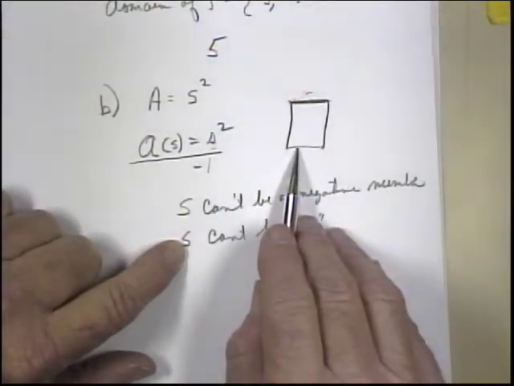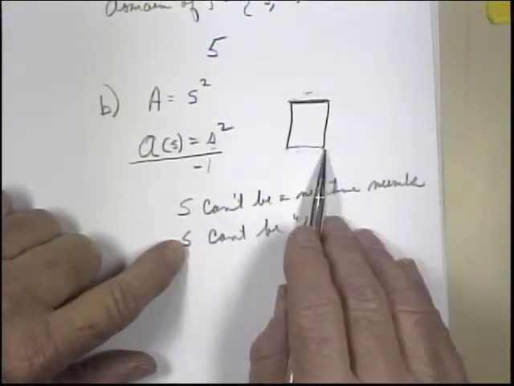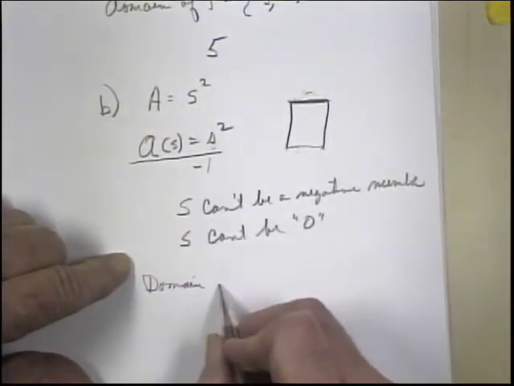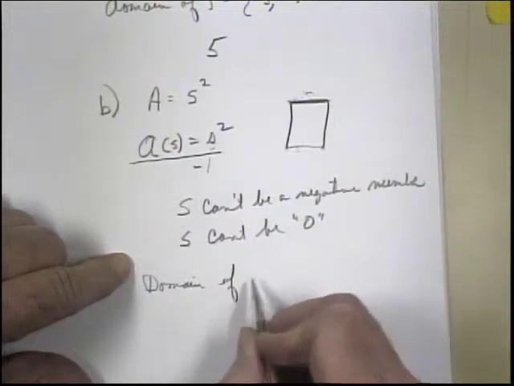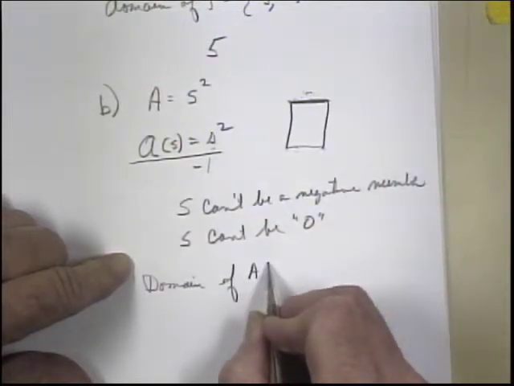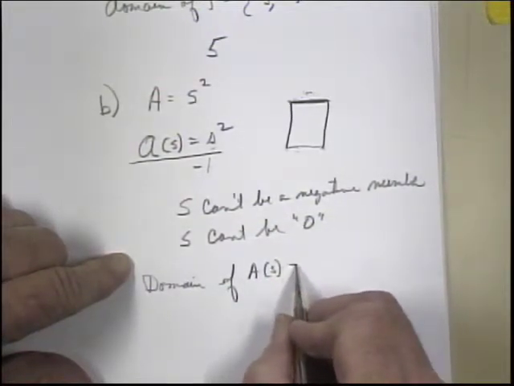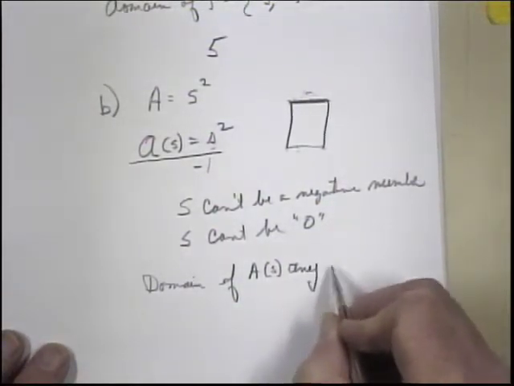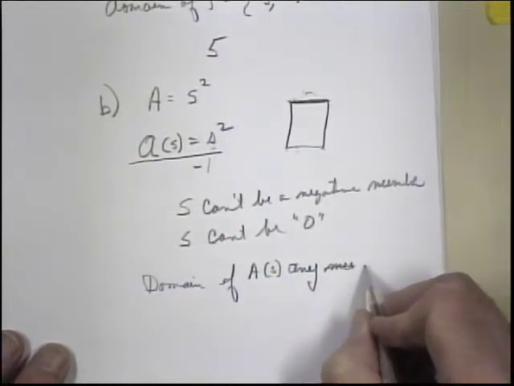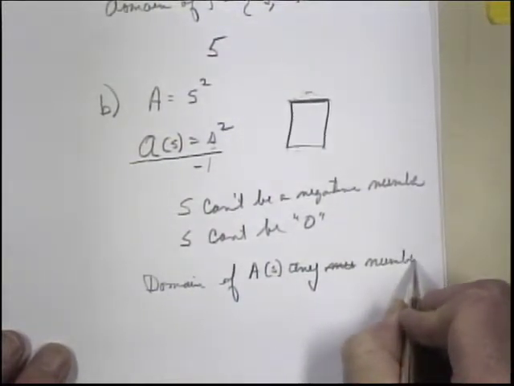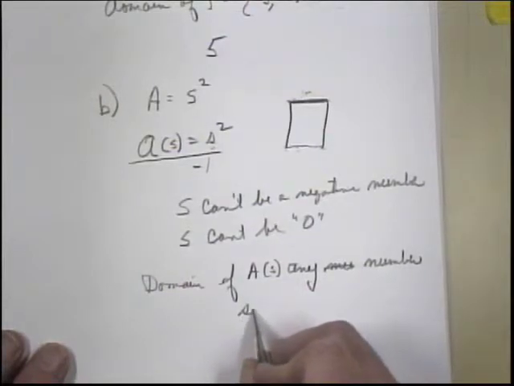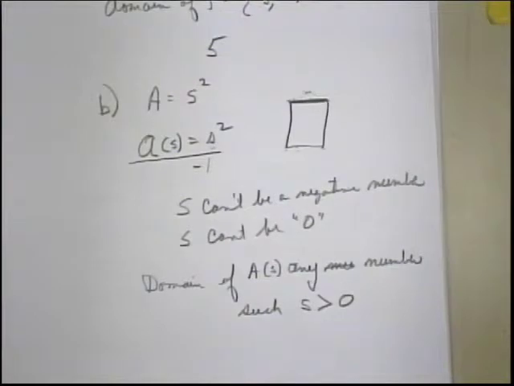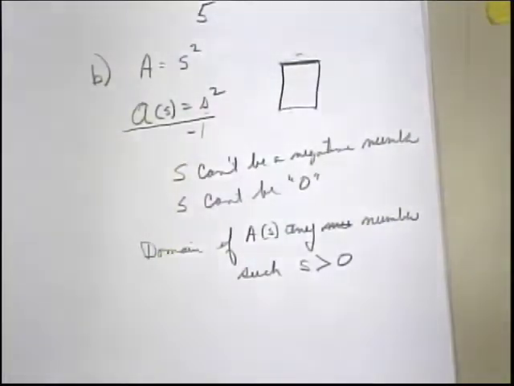It could be a half, it could be a tenth, it could be a million. The domain of A of s is any number such that s is greater than 0. That would be the domain.